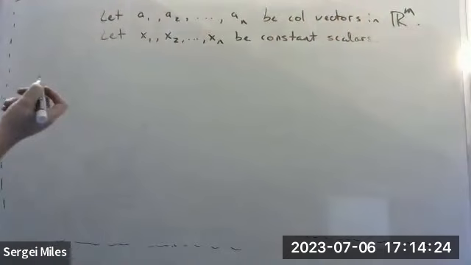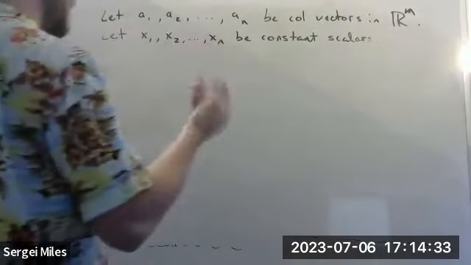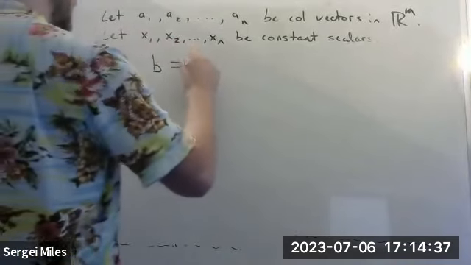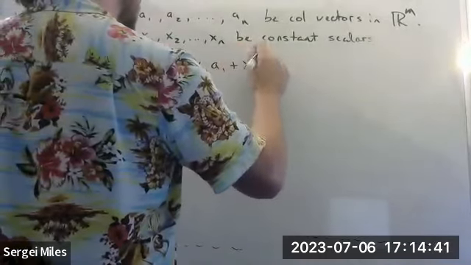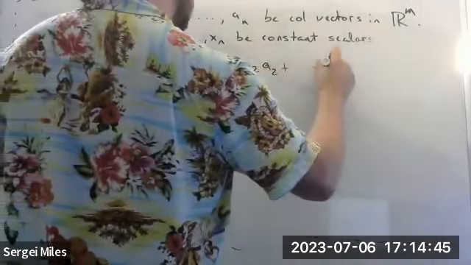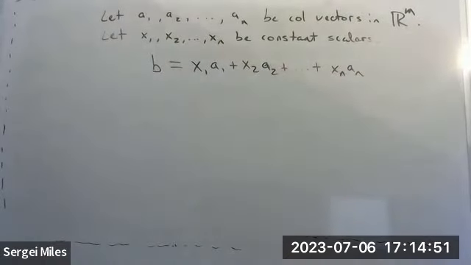Okay. Then we can take a linear combination of these vectors, as we learned from 1.3, and create a brand new vector. Let's call it vector B. It is a combination of A1, A2, ..., An. Okay, so this is a linear combination.